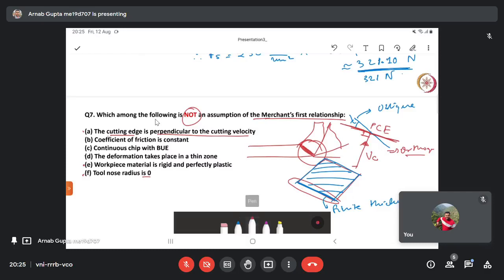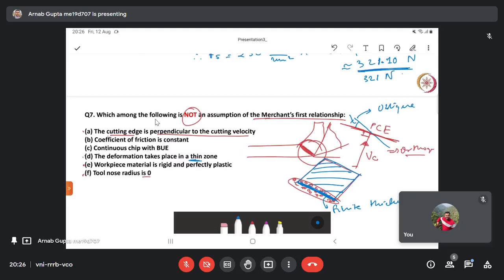So the maximum stress can occur anywhere around this zone. It may not be along this plane itself. So that's why you're considering that this deformation takes place in a thin zone. So this is also a correct assumption.